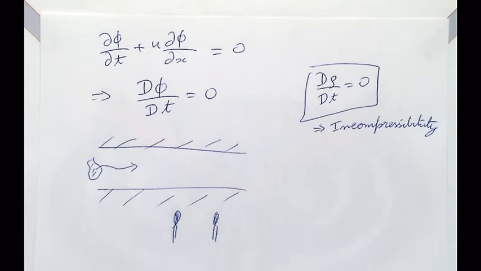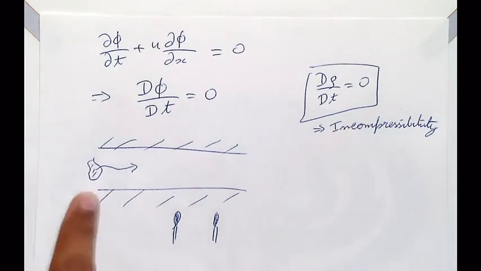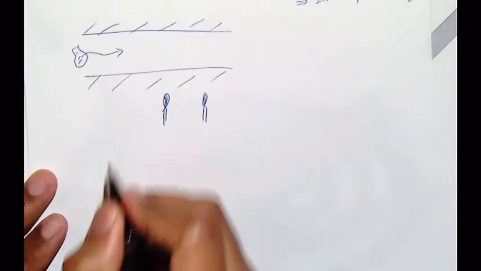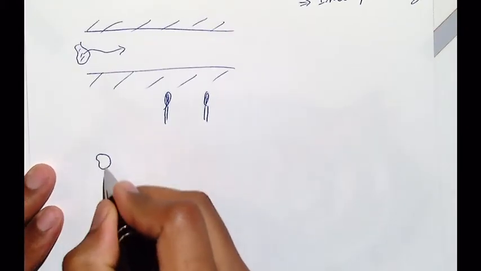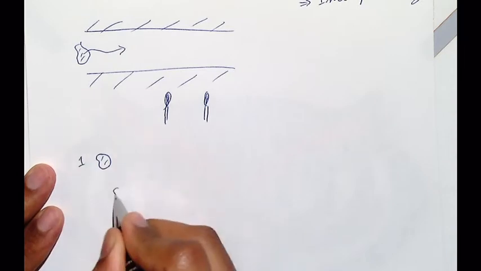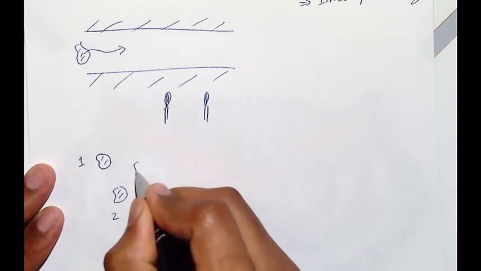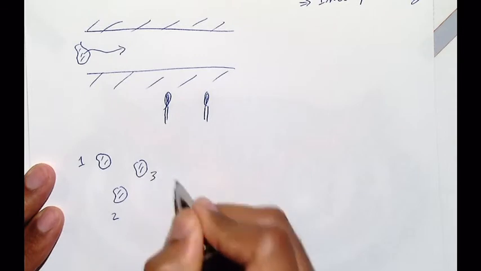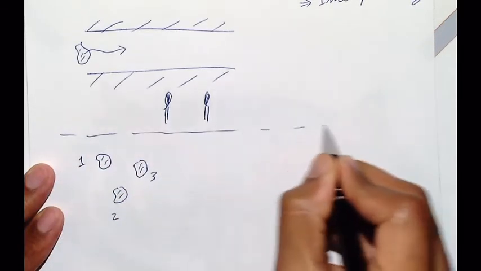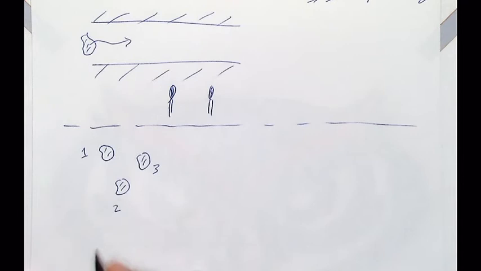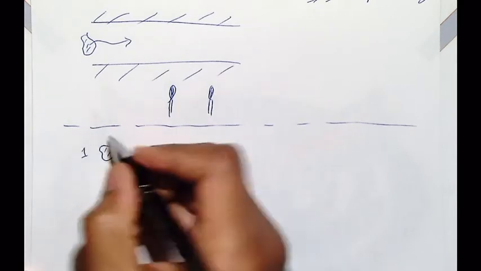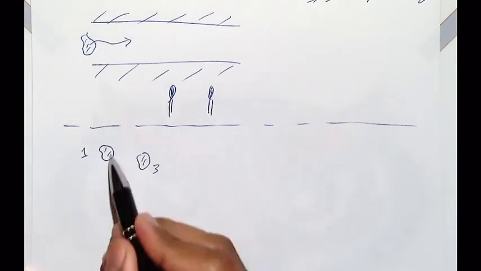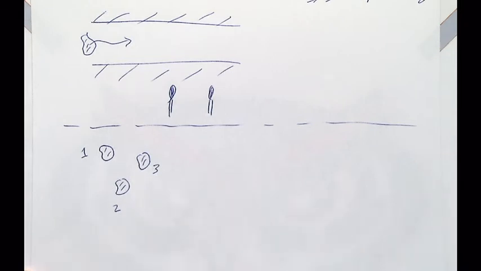All right, so if that's what it means, why don't we do our discretization like that? We mark every blob. This can be blob 1, we have blob 2, and we have blob 3. Okay? And we can basically measure what the temperature of each of these blobs is, or the phi of each of these blobs is.